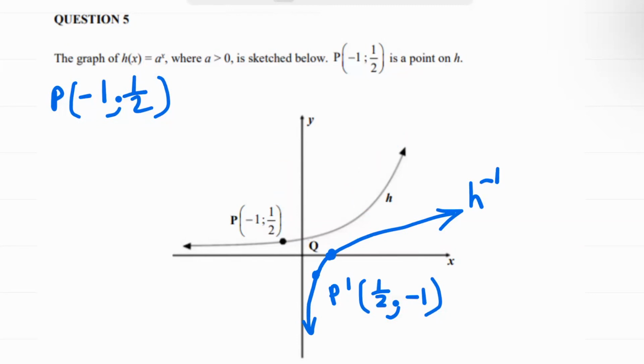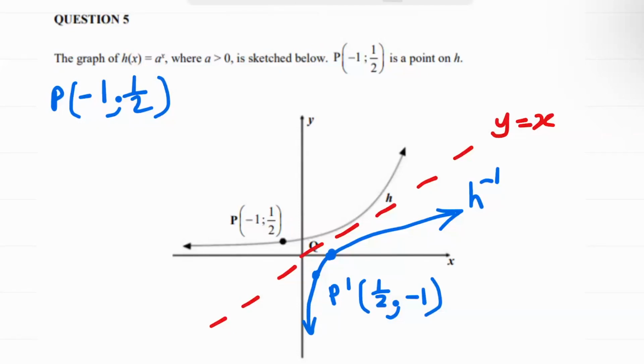The line of symmetry for these two functions is a line that goes directly in between them, having the equation y equal to x. You always want to put that line of symmetry there whenever you draw an inverse function next to the original function.